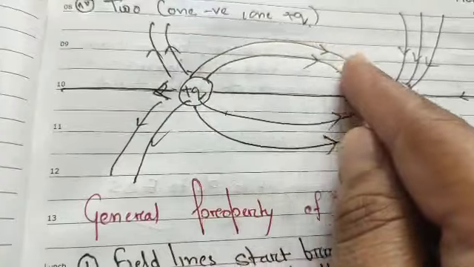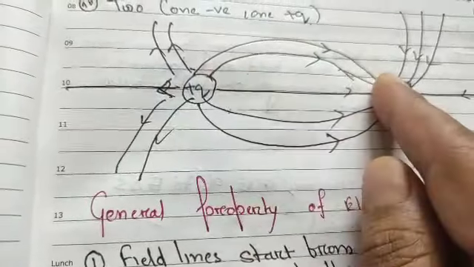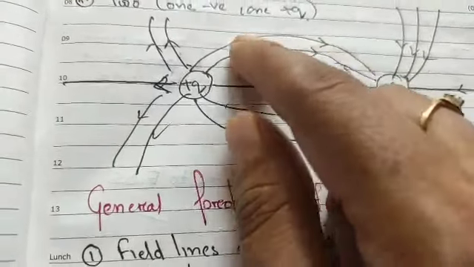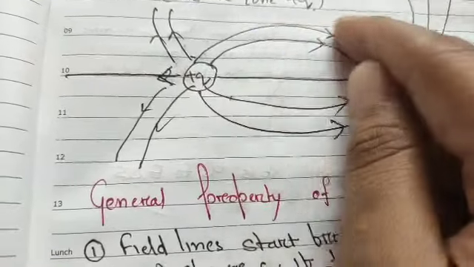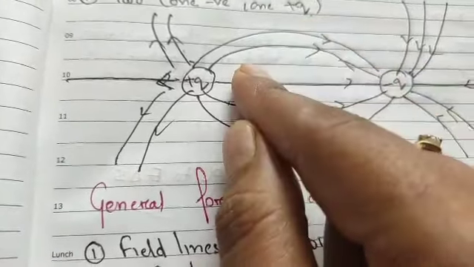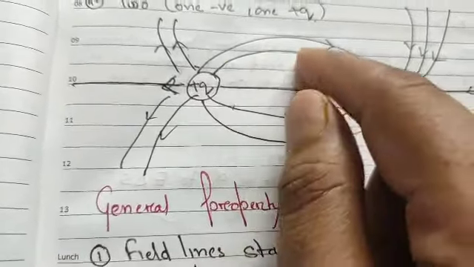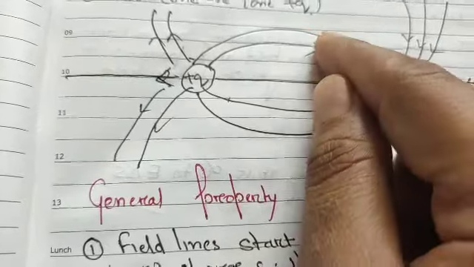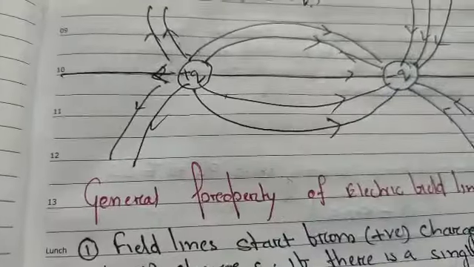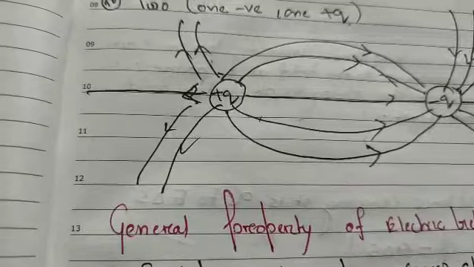What is the electric field line? It is basically a curved line at which, if you draw one tangent, it will show the direction of the electric field. So if they both intersect, what happens? For one electric field line we have two directions, which is not possible.